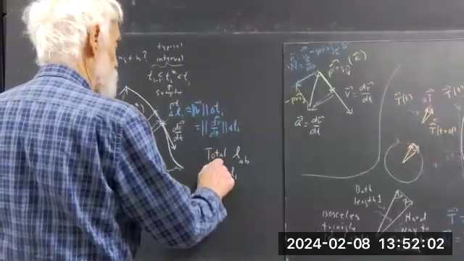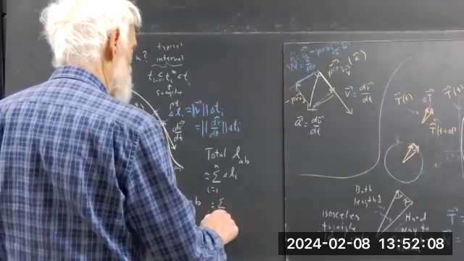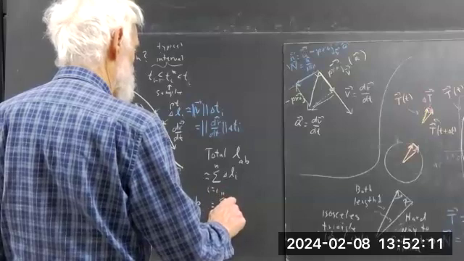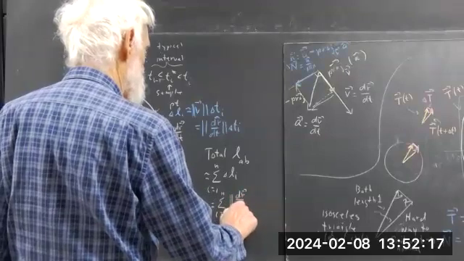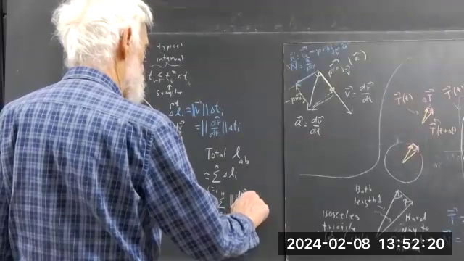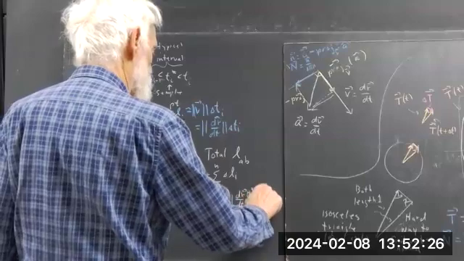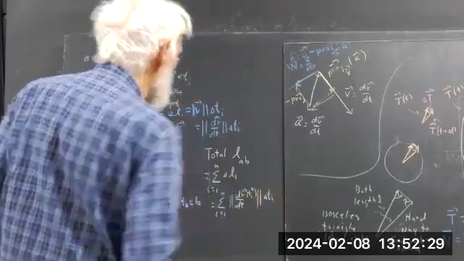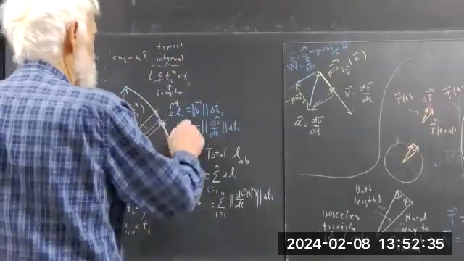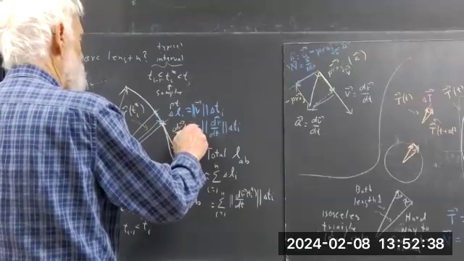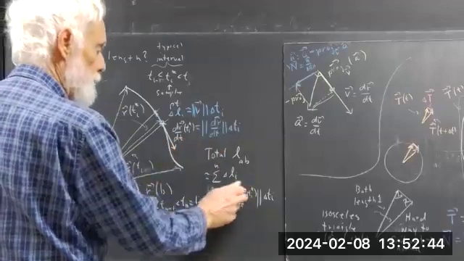That's the sum from i equals 1 to n of the magnitude of dr/dt evaluated at your sample point times delta t_i.